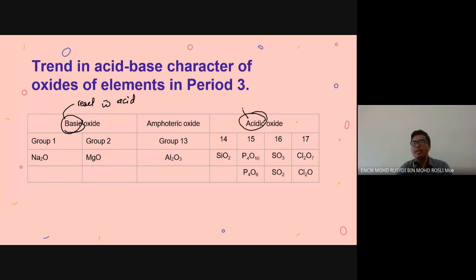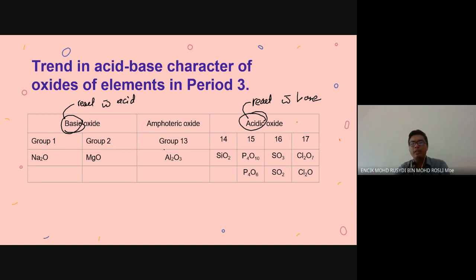So oxide dia tu is acidic, menghakis, bersifat acidic. Jadi it can react with base. Okay, so dia boleh bertindak balas dengan base.